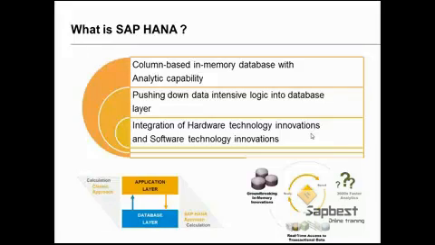Your database is traditionally an RDBMS, a relational database management system, which was designed by E.F. Codd. There are specific rules a database has to comply with, like Oracle, DB2, Microsoft SQL Server.